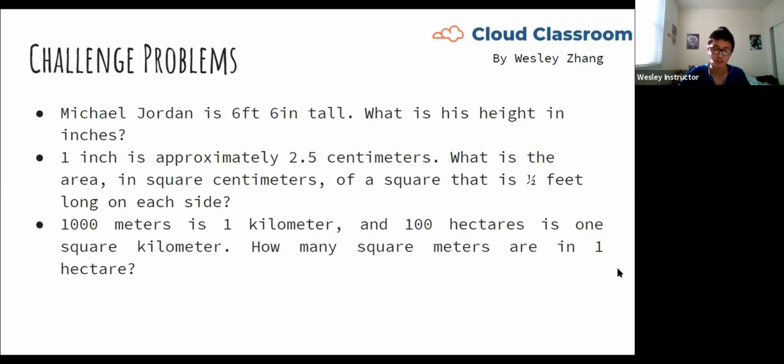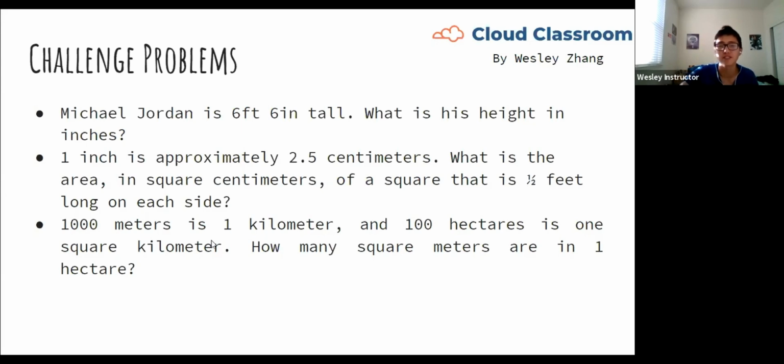And when we multiply 36 times 2.5 times 2.5, we get 225. So it's 225 square centimeters for number 2.